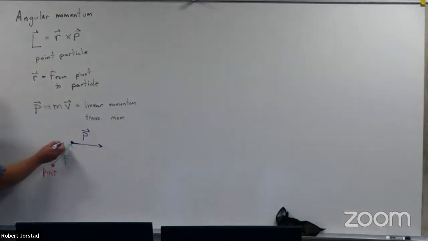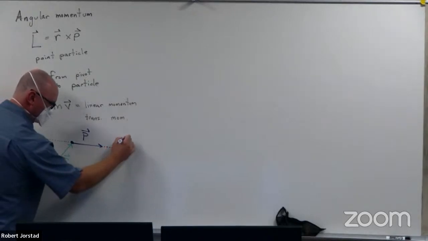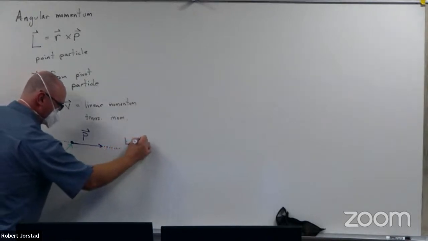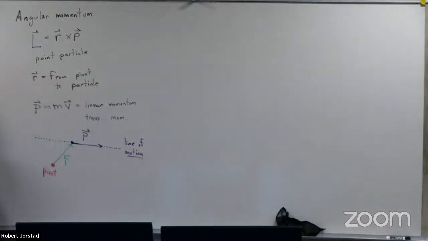I'm going to draw what's called the line of motion. Notice that's not the line of action. Line of motion. And just like in torque, you could do what's called R perp. You draw the perpendicular bisector.